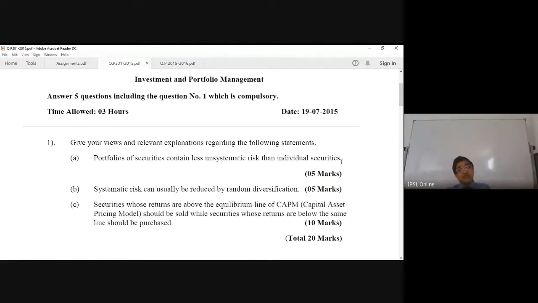Unsystematic risk can originate in a particular company's doing of business. It arises in the company itself, because it can be a problem in the management system, in the computer system, or some business methodology problem. Likewise, several issues can crop up within an organization. Such risk is known as unsystematic or idiosyncratic risk.